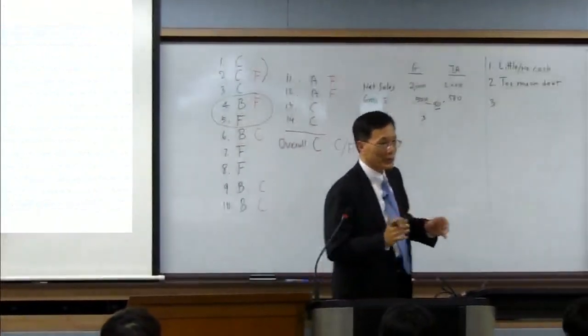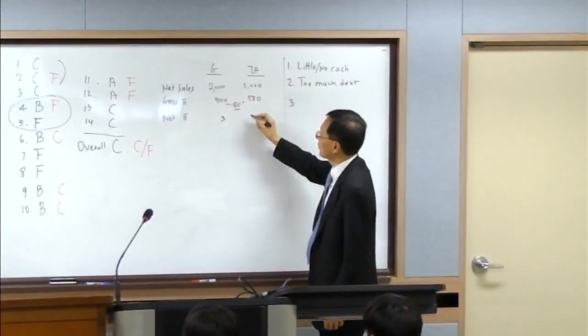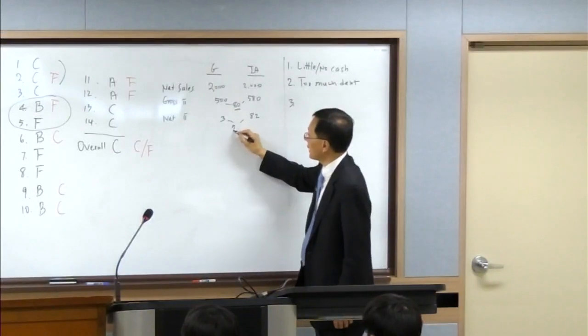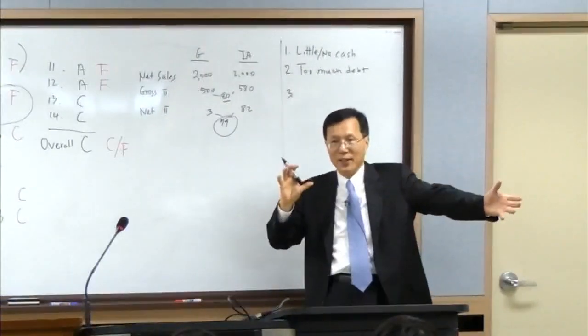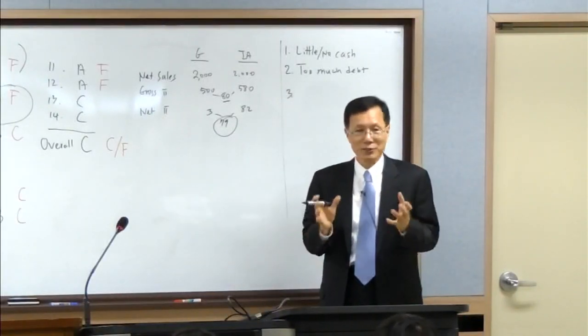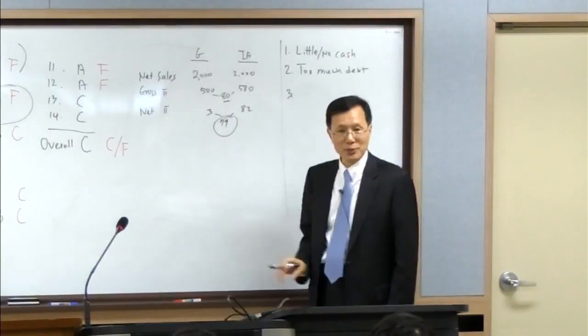So 4.1 times net sales of 2,000, hypothetical sales, that's 82. So the difference between the two is 79. That's very big. That's why you gave an F to this company. This company's profitability is really bad by looking at net profit margin.